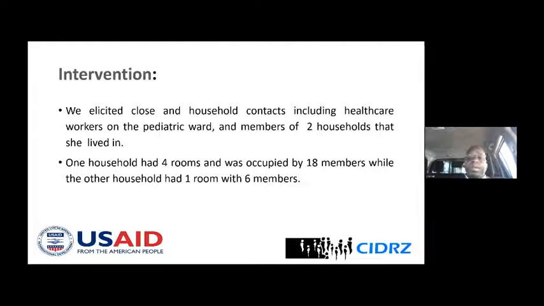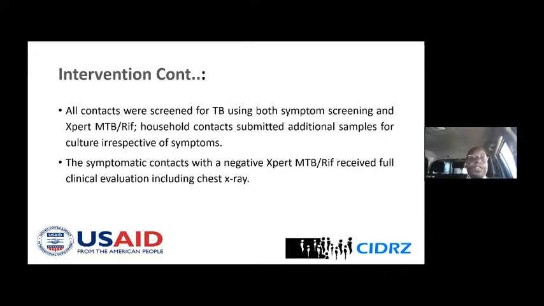Then we also found that on the other side, her mother, the mother to the index case, was also staying somewhere else, in 1 room, and there were 6 family members. So you see, there are a lot of things which go on, especially in these high density places.